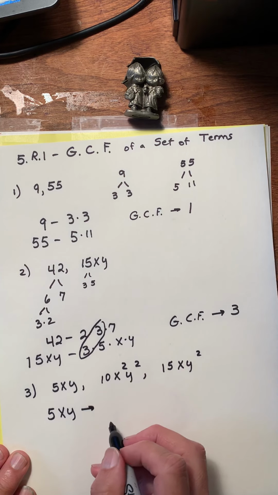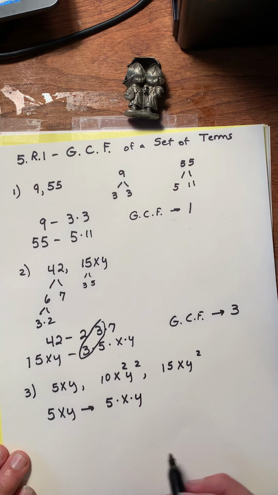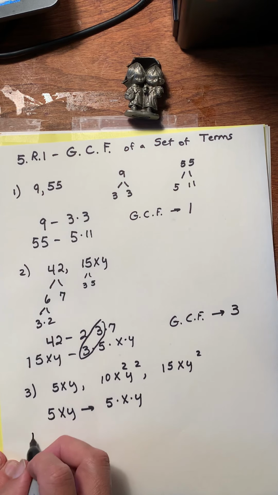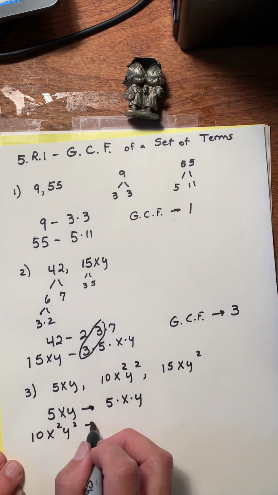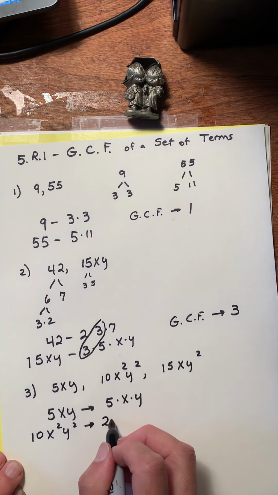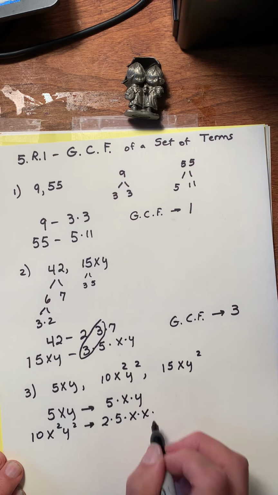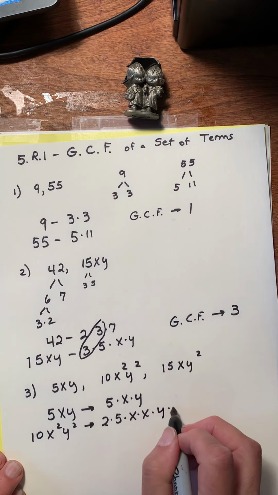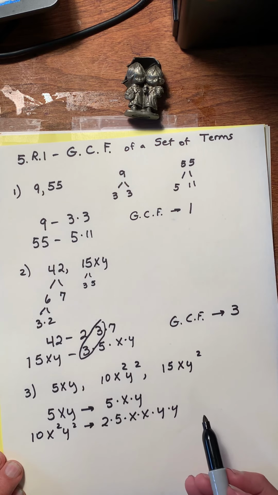Not surprisingly, factors into 5 times x times y. 10x squared y squared. 10 factors into 2 times 5. X squared is 2 x's. Y squared is 2 y's. Now some of you can look at this and tell what the greatest common factor is.